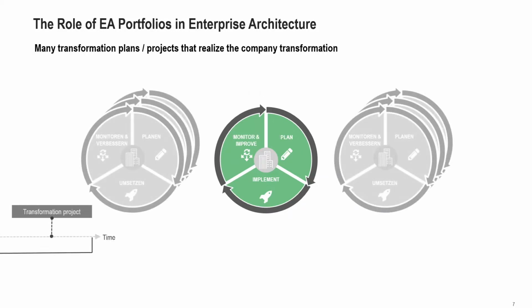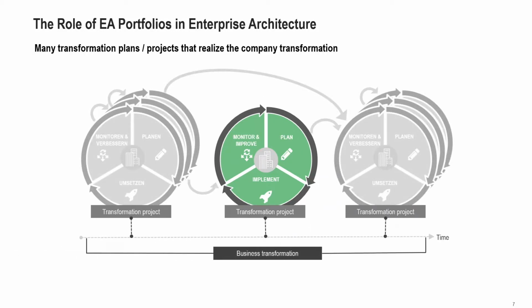We typically see that from a transformation perspective, we have projects that have happened in the past. They inform what we are today, so our current baseline state of our architecture. And this baseline then gets transformed or changed by the transformation projects, where we plan something, we implement that, and then monitor and improve it as we go on.